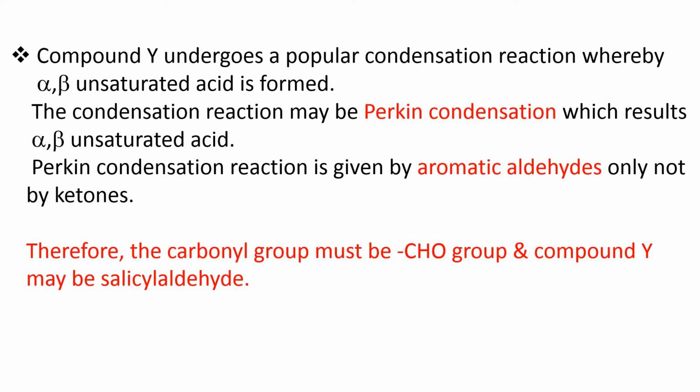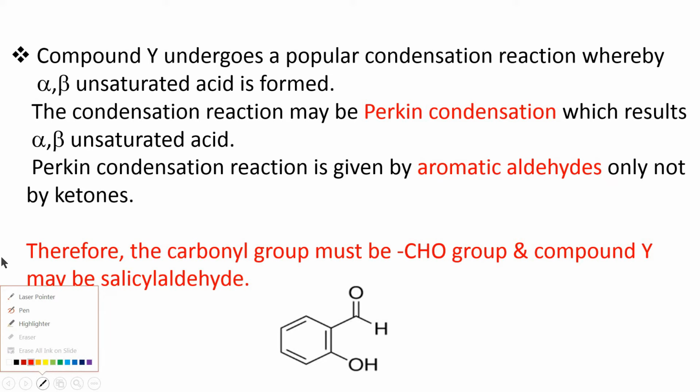Now, therefore, carbonyl group present in Y. Y has already phenolic OH group and another carbonyl group, and that carbonyl group must be aldehyde group, and the compound Y may be salicylaldehyde, where this phenolic OH group and this aldehyde functional group are present at ortho position with respect to each other.